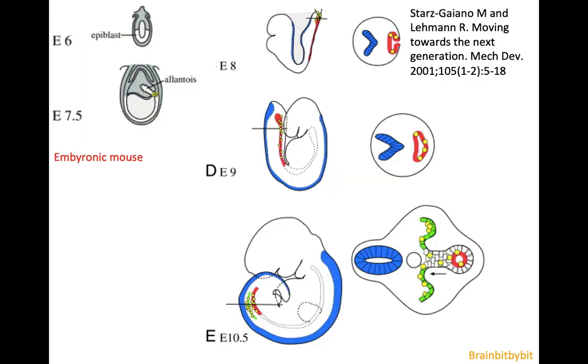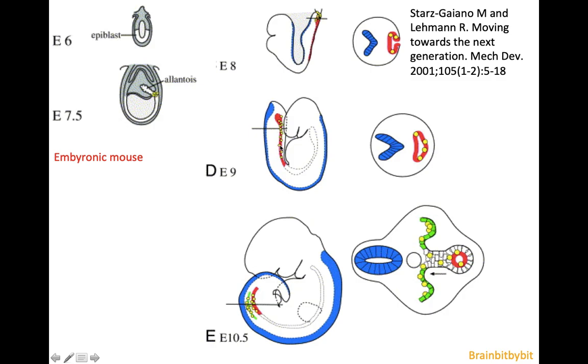Then the embryo develops further, so it folds and it becomes the form of an embryo. And then the primordial germ cells or stem cells migrate back into the hindgut, and then along the hindgut, along the midline, and then they move in the dorsal mesentery in the genital ridge, and this is going to become the gonads.